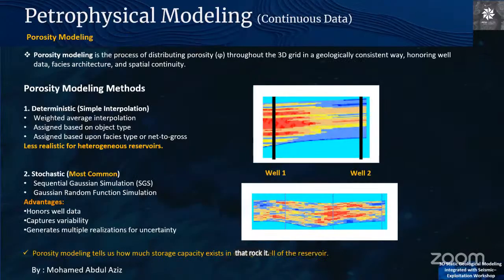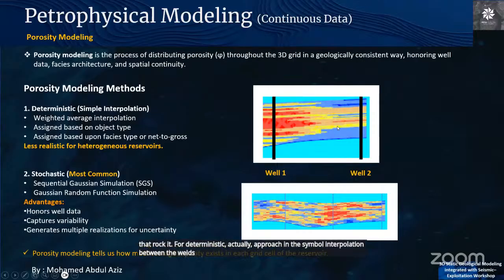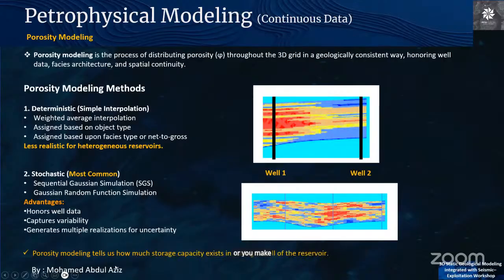For the deterministic approach, in the simple interpolation between the wells for porosity, it depends only on weighted average interpolation, or you make an assignment based on object type or facies type.